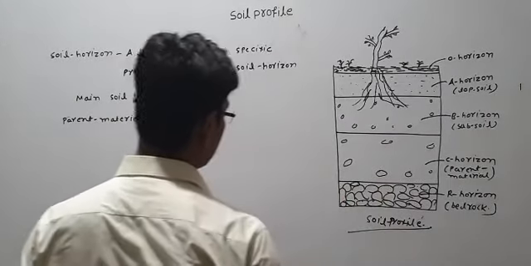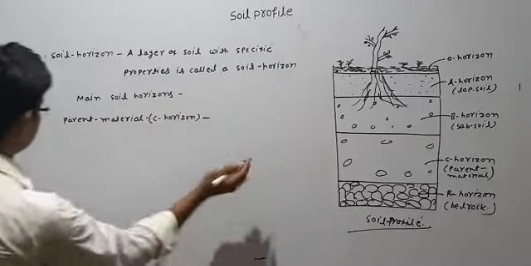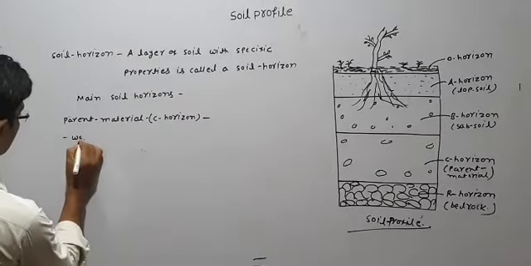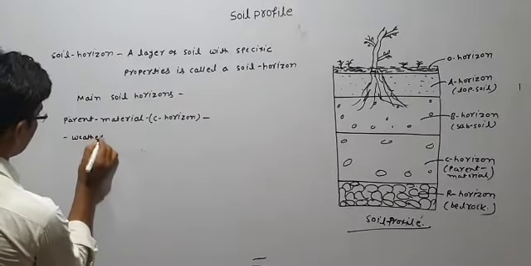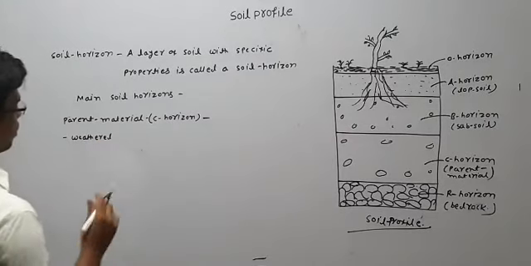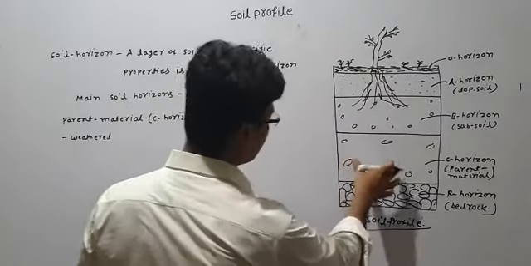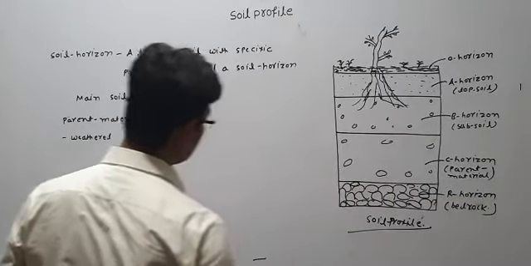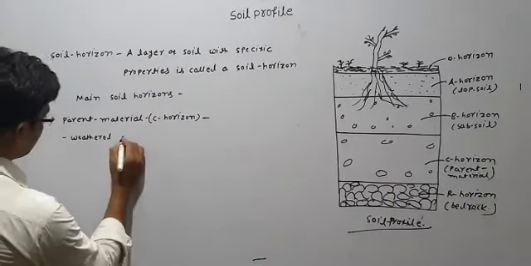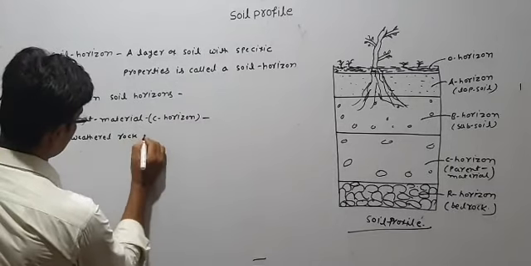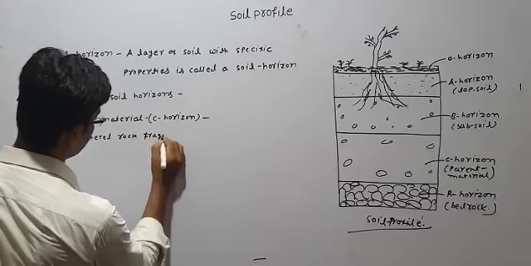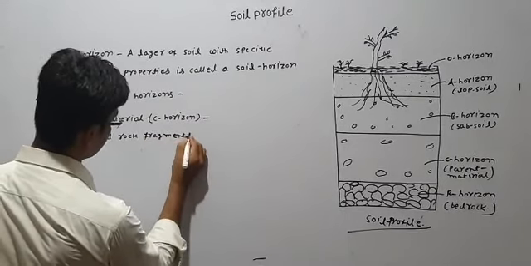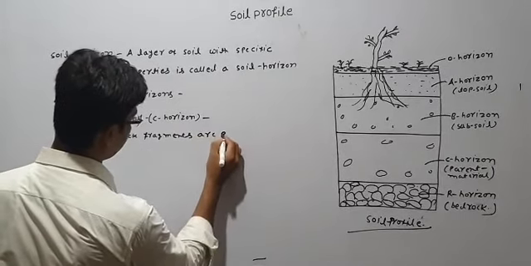What is here you see, weathered. This one is weathered parental rocks, obviously, so that's why weathered rock fragments are present.